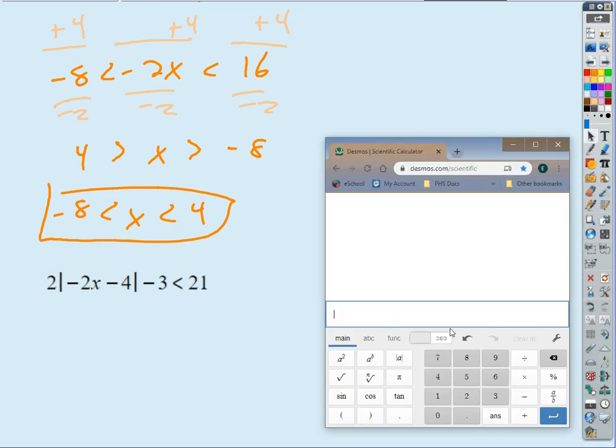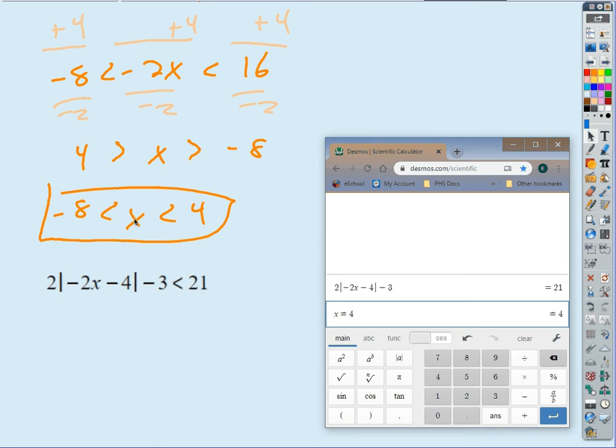So I'll plug in the left side. 2 times the absolute value of negative 2x minus 4 minus 3. And if I plug in x equals negative 8, what do you know? I get 21, which is what I want. 21 is what's on the right side. It works. If I plug in 4, the other endpoint, I also get 21, so it works.